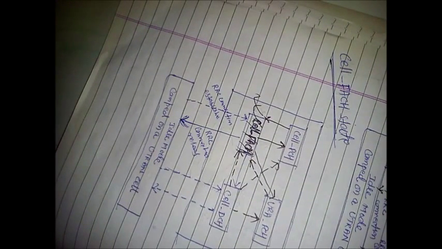In FACH state, the UE continuously monitors the FACH. This is because UTRAN may send data or signaling to the UE at any time.